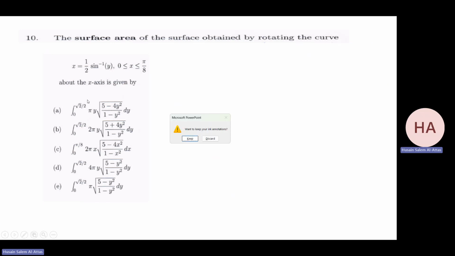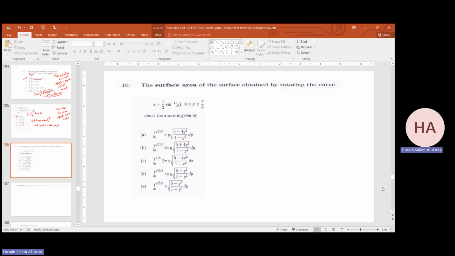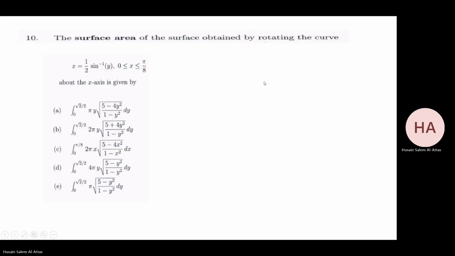Sine inverse of y. I don't think I did this one. How am I doing? I think we are doing great. Okay, surface area. This is g of y. This is x. So g of y is half sine inverse of y.